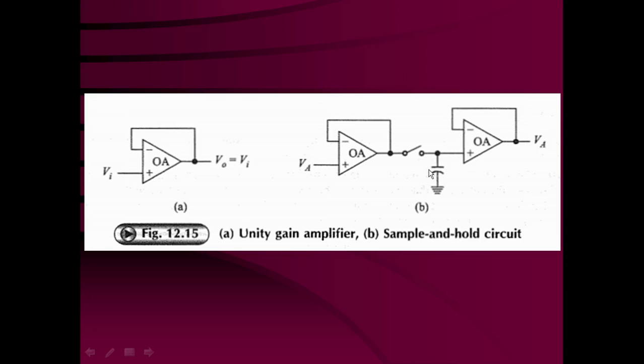It will hold that information for a long period of time, decaying only slowly because of the large input impedance of the second op-amp. Then the second sample becomes available and again charges this capacitor. That way the charging is very fast, discharging is very slow, and degradation of this voltage is almost not there. So the output voltage VA1 is held, and this kind of sample and hold circuit is required for each channel of the multiplexer.